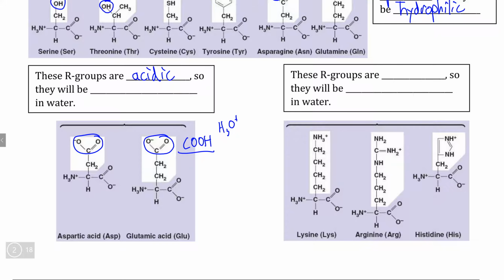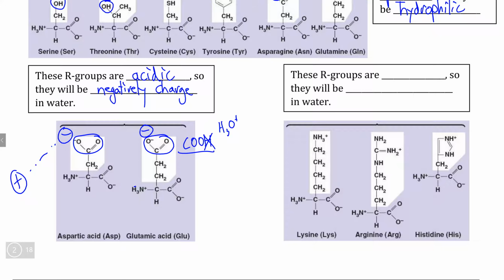But what is left of the COOH functional group is negatively charged because, again, water pulled off the hydrogen, leaving them with a negative charge. Now, naturally, all negative charge is going to want to attract to some sort of positive charge, so this is radically going to change the behavior of how these amino acids will move inside of water.